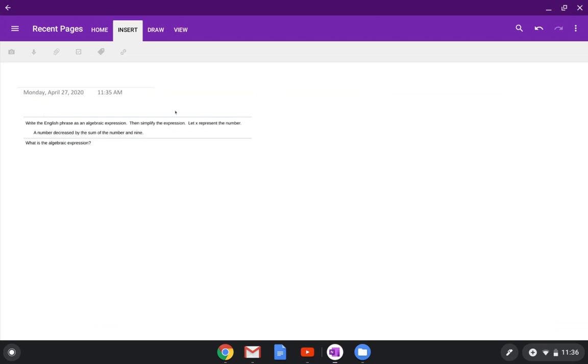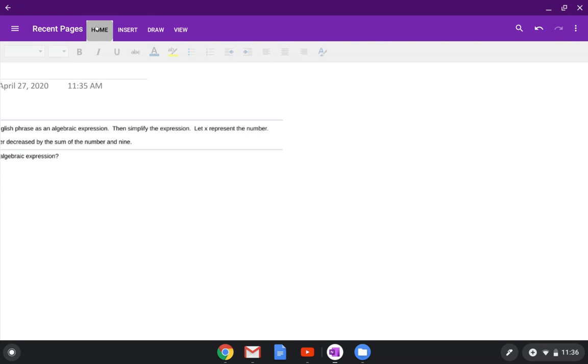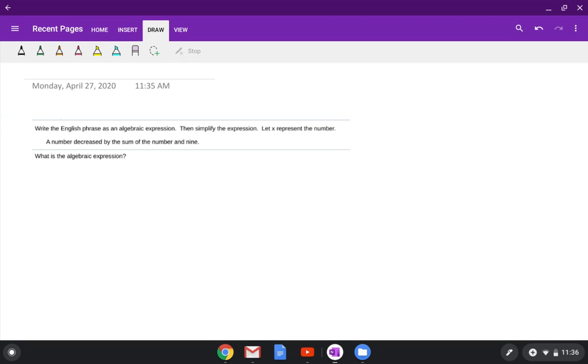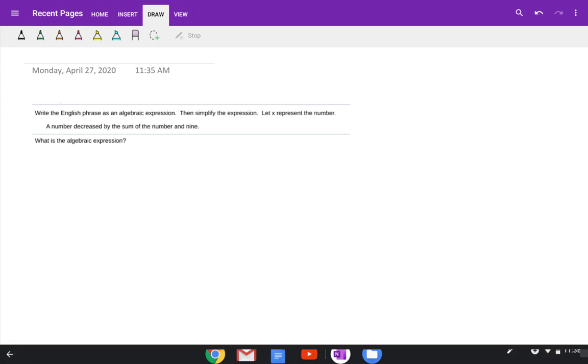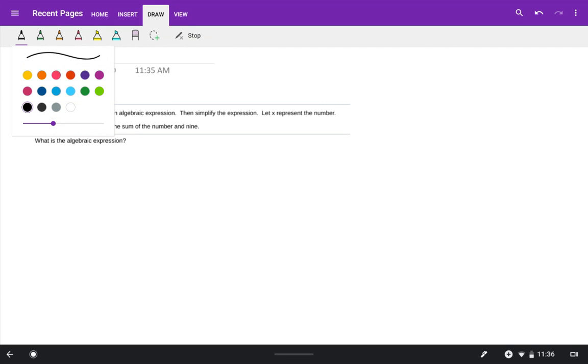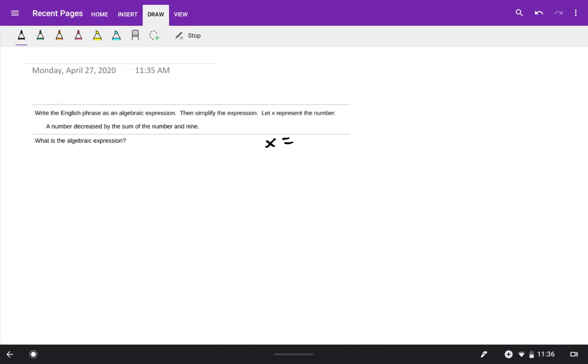Okay, so here we have it. So we have to first rewrite a number decrease. So x is going to be a number. So we have a number decrease by the sum of the number and 9.